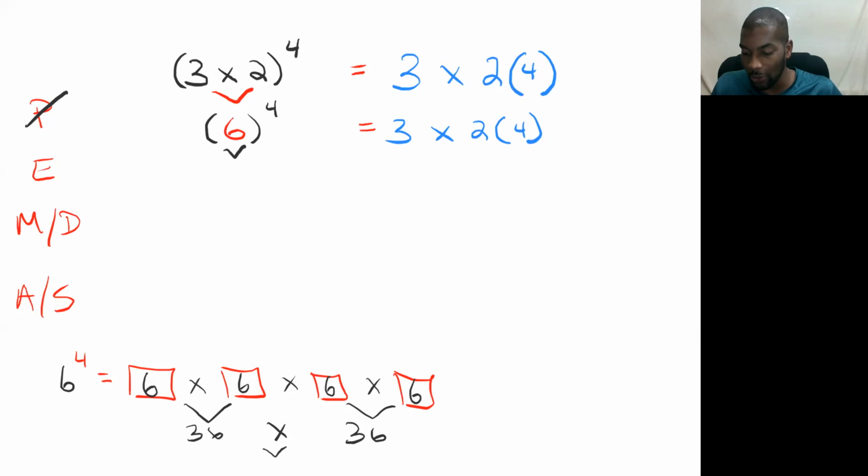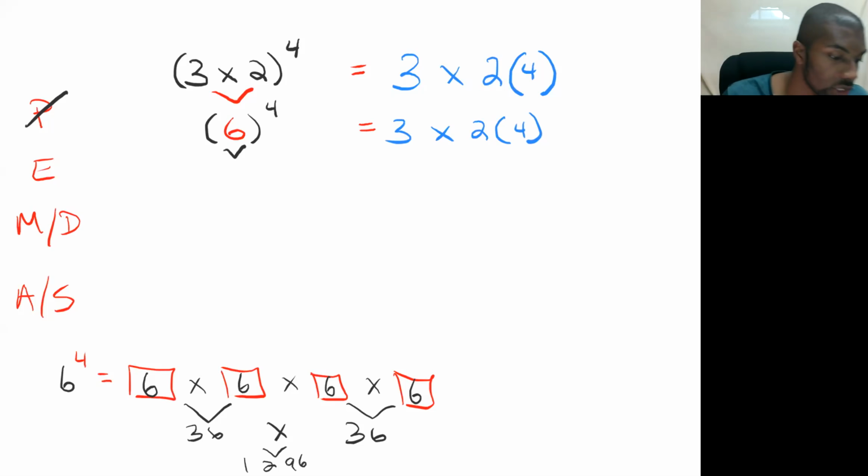It's 1,296. 1,296 is our solution here. So 6 to the 4th power is 1,296. So that takes care of my exponents. I rewrite the problem to make it nice and clean.